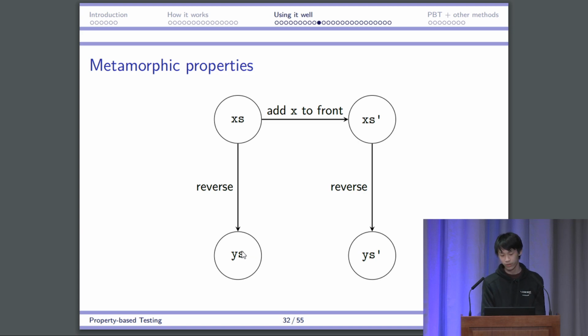Now we just need to figure out what arrow to add from y's to y's prime, to make sure that if I go down this path and if I go down this path, the results are the same. It turns out that adding x to the front and reversing is the same as reversing and then adding x to the back. So this is our metamorphic property, and it looks like a commutative diagram.